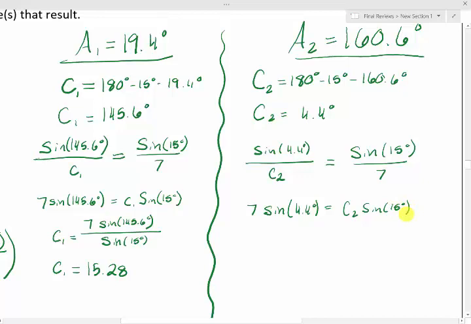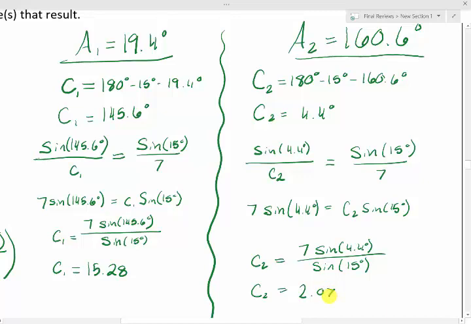And then divide both sides by the sine of 15. So my side C sub 2 should be equal to 7 times the sine of 4.4 degrees divided by the sine of 15 degrees. And we can plug that in our calculator and get C sub 2 equal to 2.07.